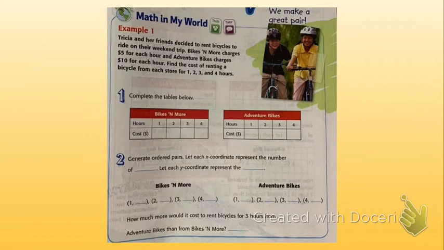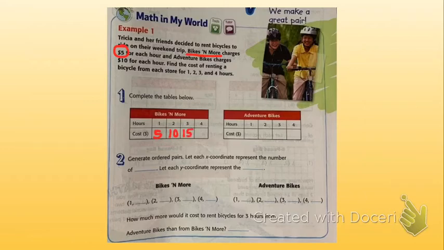So Bikes and More, as we have up here, costs $5. So if I rent it for 1 hour, it's going to cost me $5. So think back to our pattern and sequencing. That's kind of a little bit of that. So if I'm renting it for 2 hours, that would be $10. If I'm renting it for 3 hours, that would be $15.